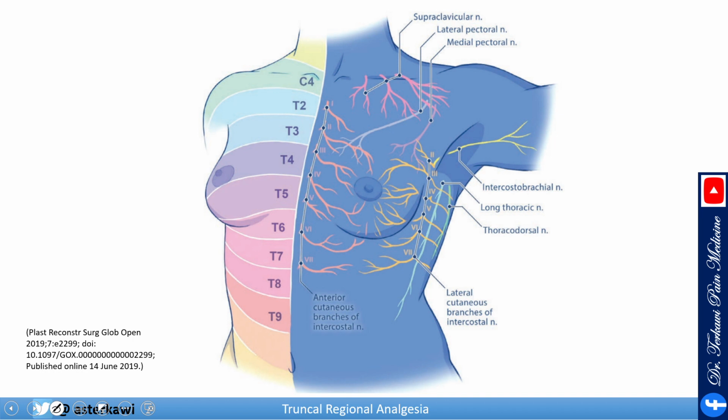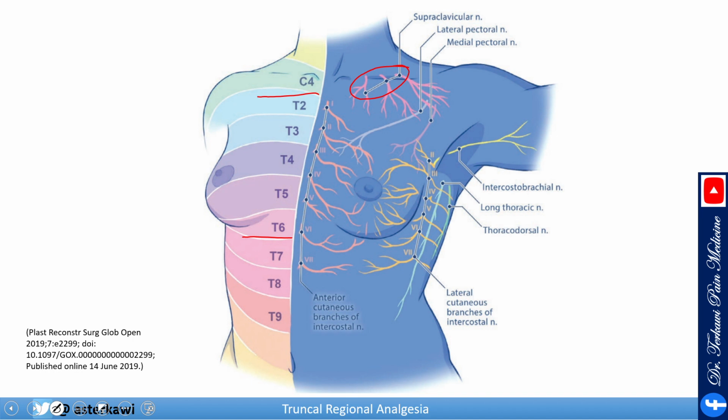So most of the innervation, as I said, is from T2 to T6, and you may get some innervation from the supraclavicular nerves. These originate from the brachial plexus, mostly C4.